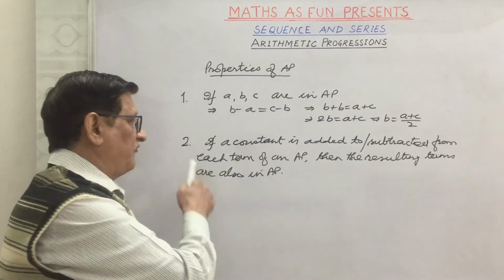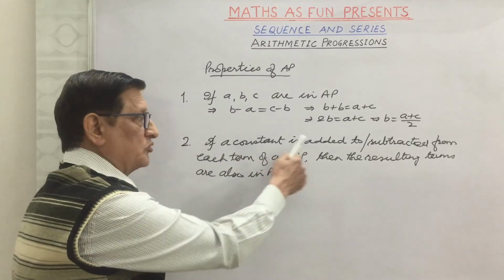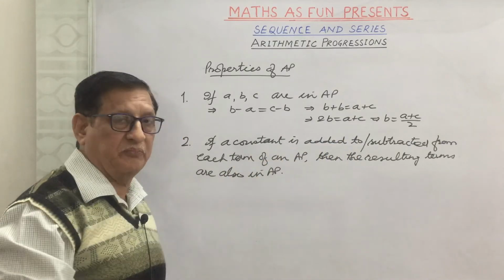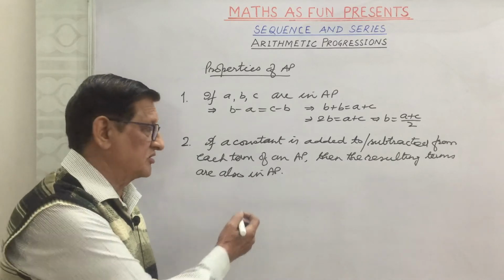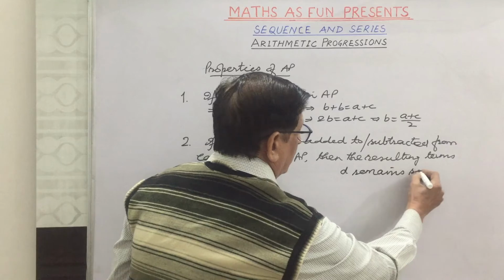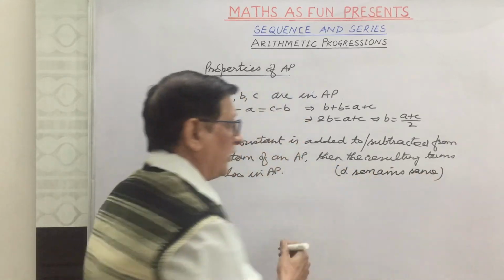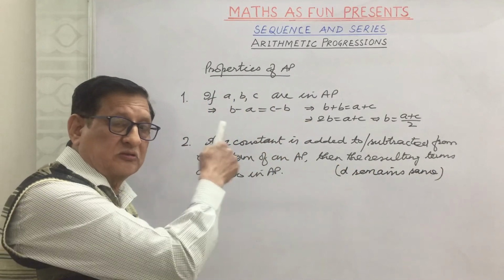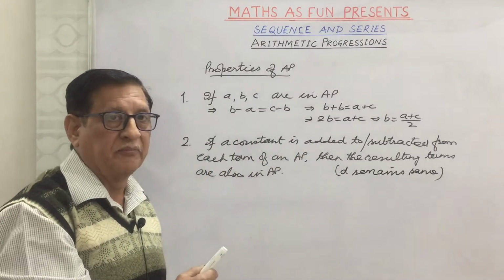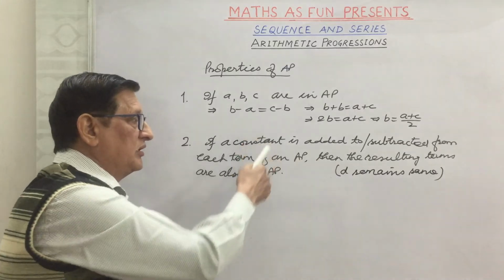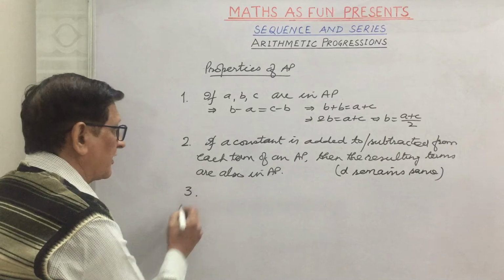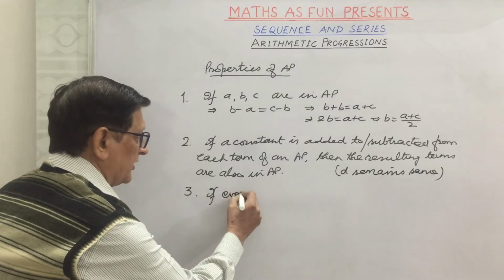It means if we add a constant to each term of an AP or subtract a constant from every term of the AP, in such cases the common difference D remains the same. It means whatever is the common difference of the first AP, after the operation, whichever AP we are getting, the D of that also will be the same. There is no change.